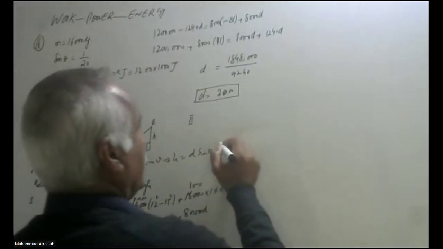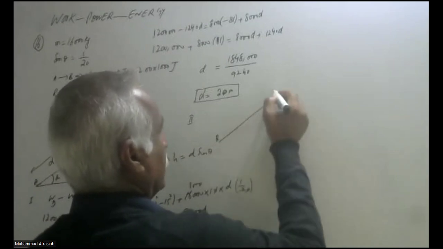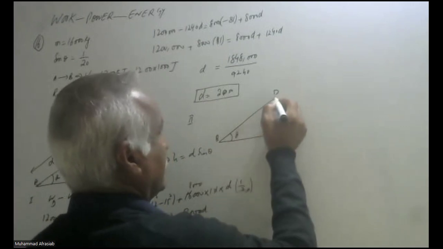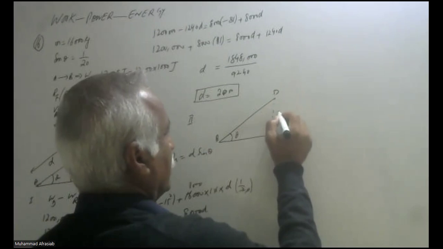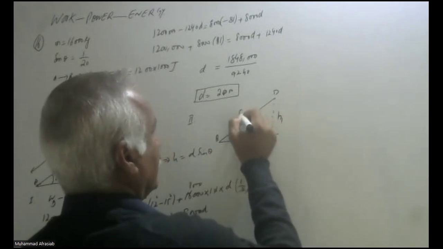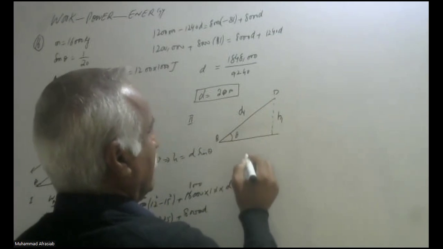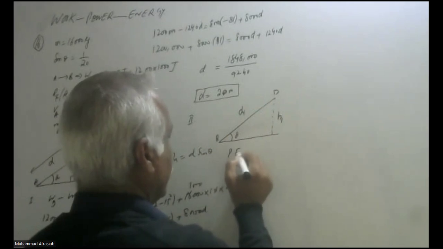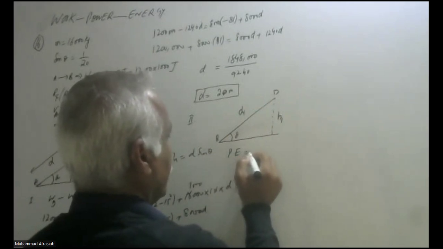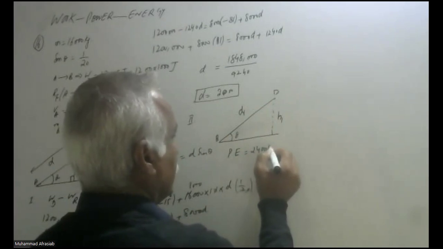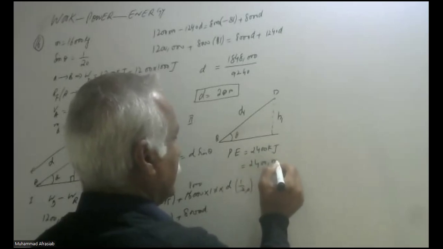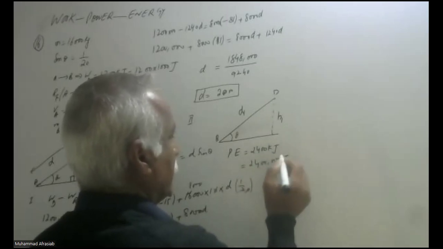So we know one thing from this part. From B to D, this is again theta. Let's say this height we calculate as h1, and this length is d1, and the potential energy gained by this particle is 2400 kilojoules. So that will become 2,400,000 joules.